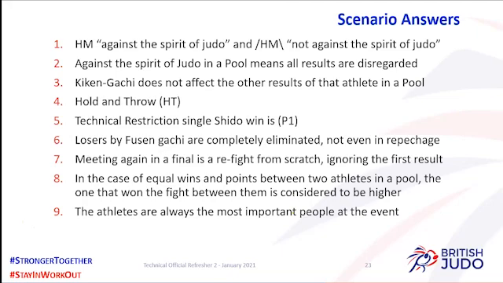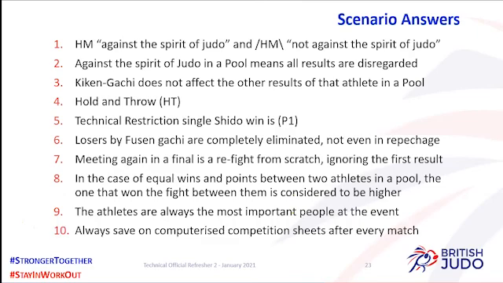This is the general concept of competition, and really ought to be the same in clubs as well, I think. And the final question, always save on a computerized competition sheet after every match. It could save you a hell of a lot of difficulty, because trying to recall exactly what happened and what should be recorded later on, maybe 10 or even only a couple of matches later, could be a very, very difficult scenario indeed.